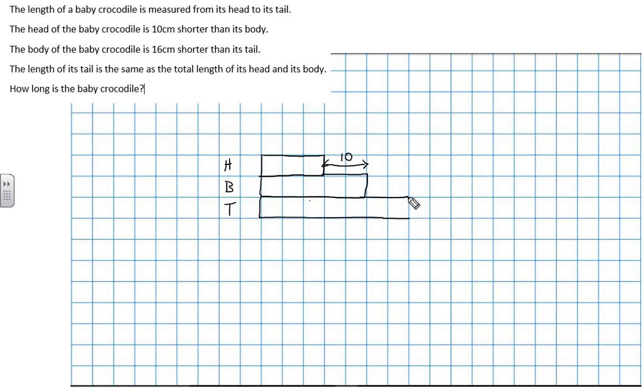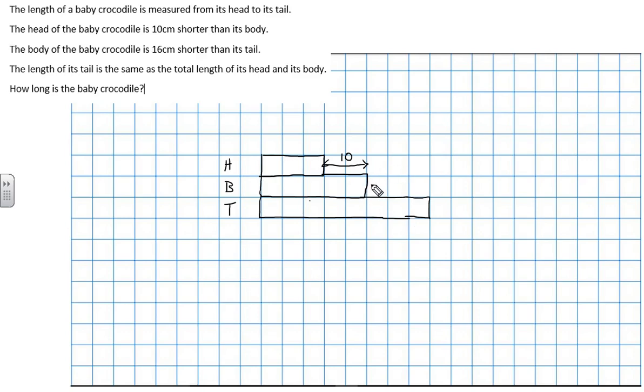So that's going to be bigger, and in fact I'll make it even bigger than that, because visually I'm just going to make this larger than this. And also, I'm told that the length of its tail is the same as the total length of its head and its body. I might as well make it match. So that's 1, 2, 3. Yeah, so that matches.